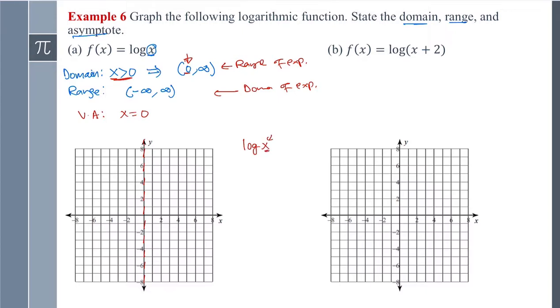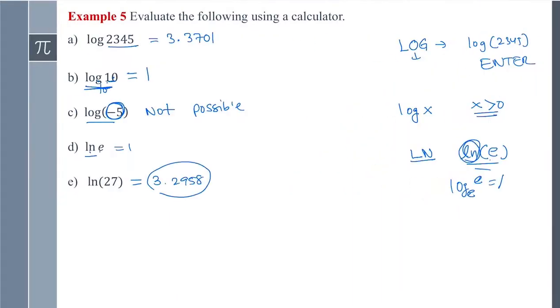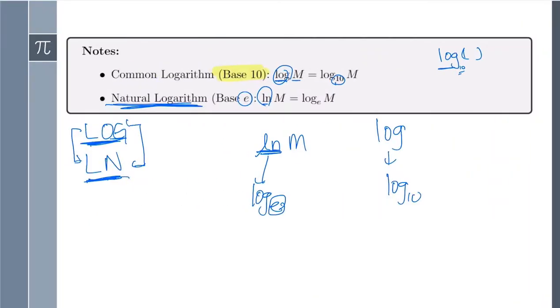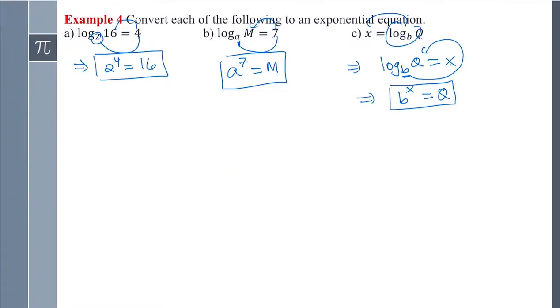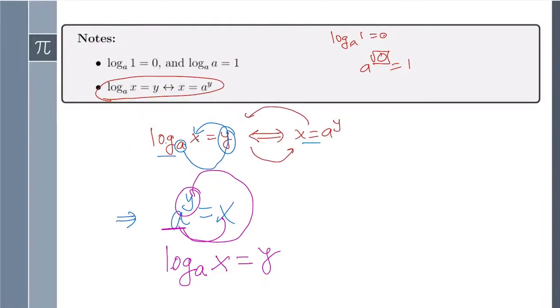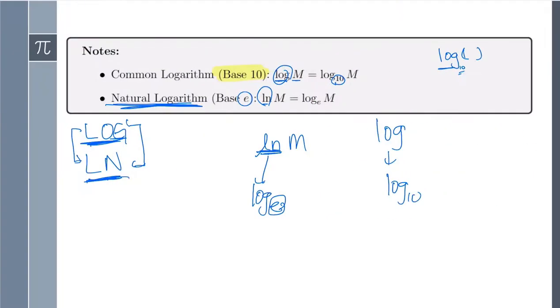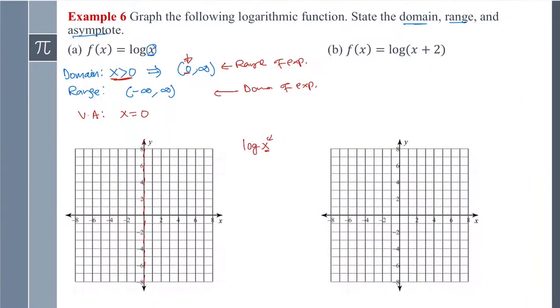Remember, log of 1 is 0. So we just looked at that over here. So now using that, we know that log of 1 is 0. So when x is 1, the y value is 0.